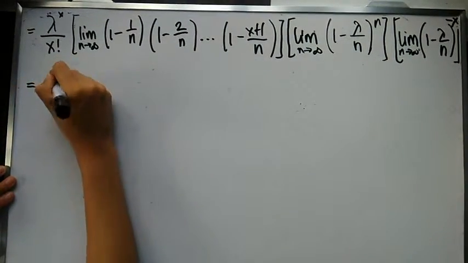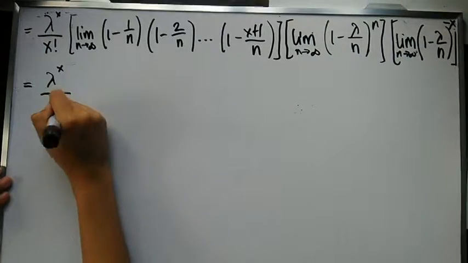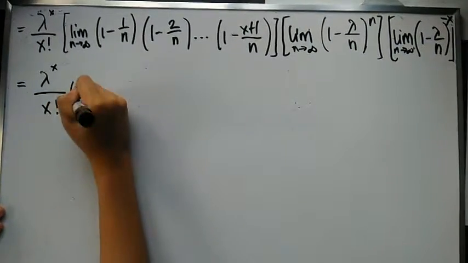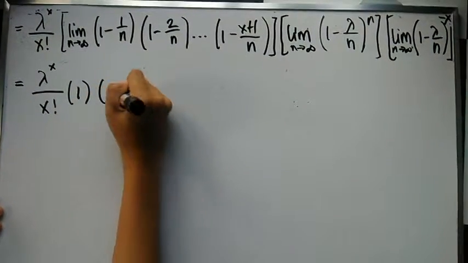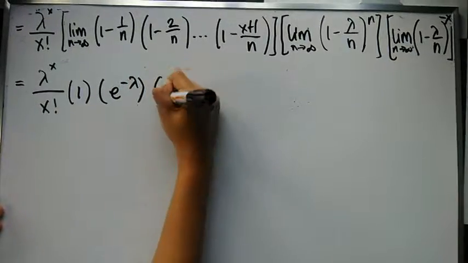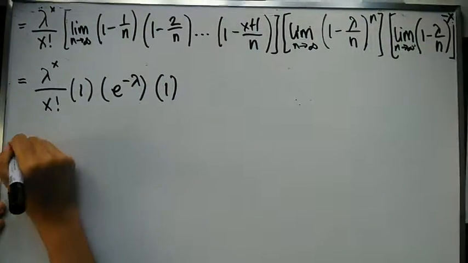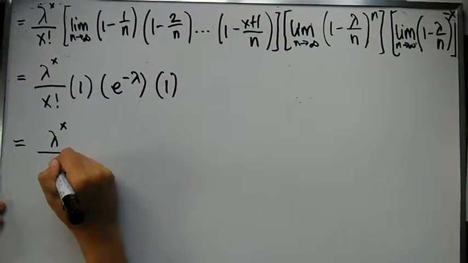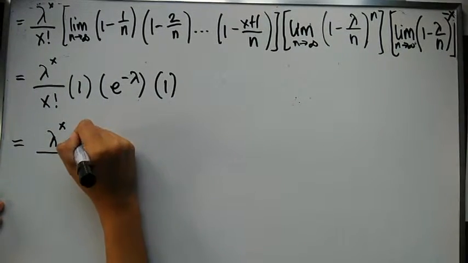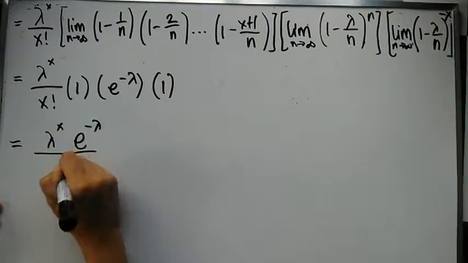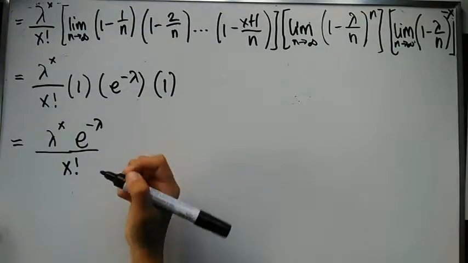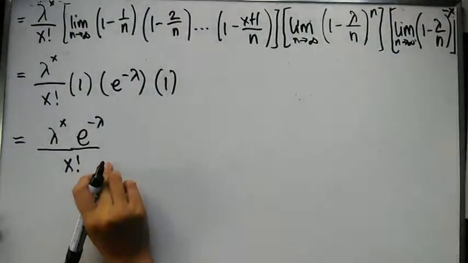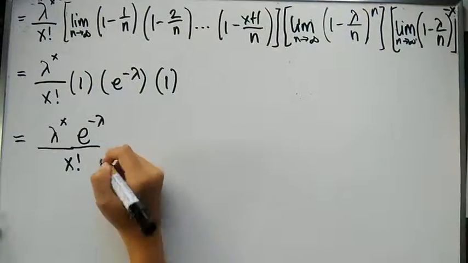We have now λ^x over x factorial times 1 times e^(-λ) times 1. So we have now λ^x times e^(-λ) over x factorial, or this can be rewritten into the function of the Poisson distribution.